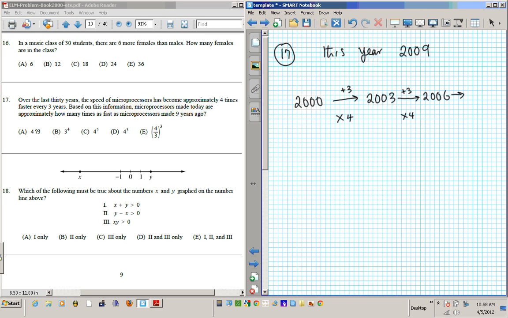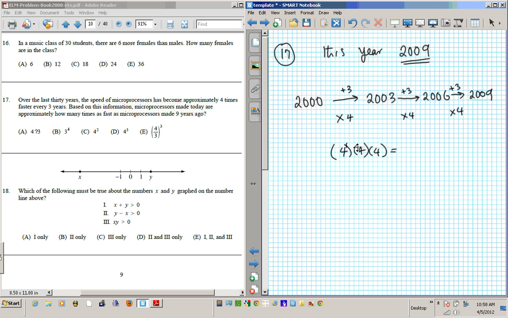And then from 2006 to this year, 2009, another 3 years, 4 times faster. Okay? So assuming that this year is 2009, from 2000 to 2009, it went 4 times, 4 times, 4 times. So it's 4 times 4 times 4.